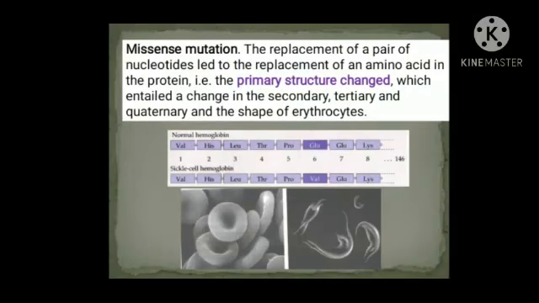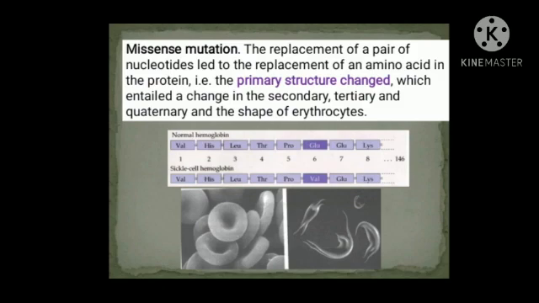The cause of this disease is more often a missense mutation, when the replacement of a pair of nucleotides leads to the replacement of an amino acid in the protein, so the primary structure will change. This is the reason for the change of the secondary, tertiary, and quaternary structure.